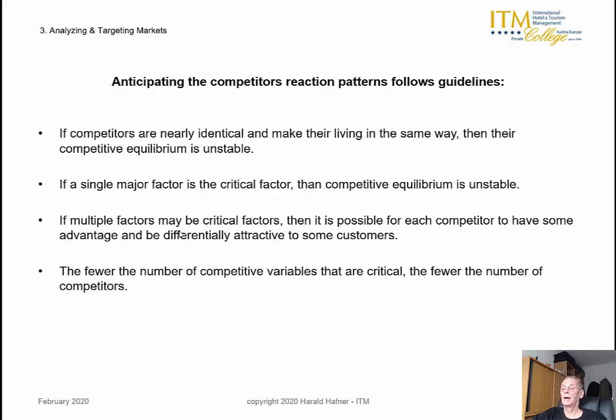And again, here, differentiation makes all the difference. A ratio of 2 to 1 in market share between any two competitors seems to be the equilibrium point at which it is neither practical nor advantageous for either competitor to increase or decrease share. So if you have a dominating competitor, then you should pay attention to this.